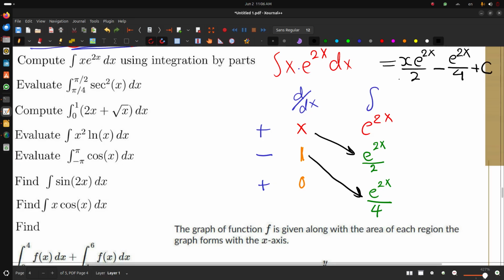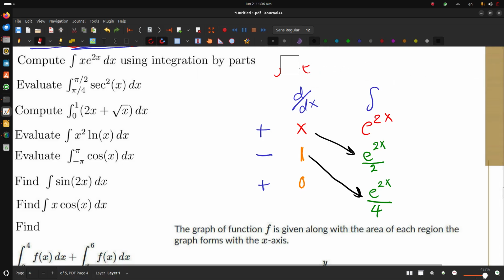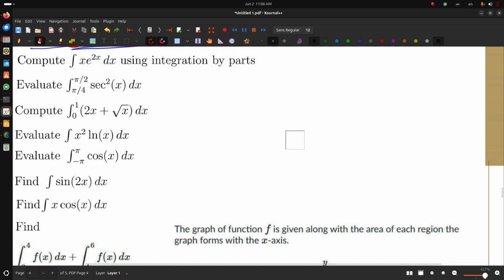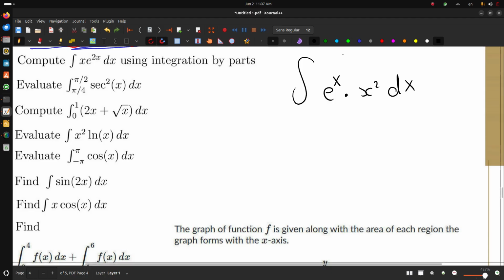So this is an example for integration by parts. Let me give you another example. Okay, I'll give you an easier one. What about if you have the integration of e power x times x power 2 dx?